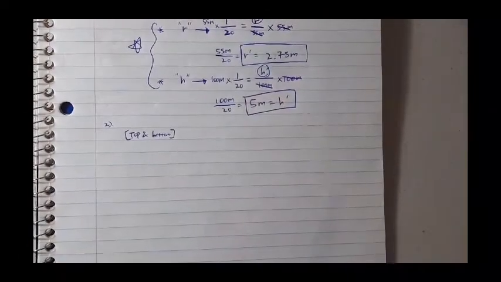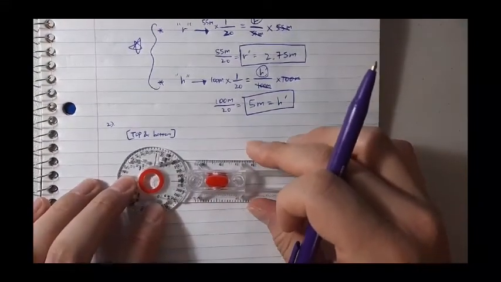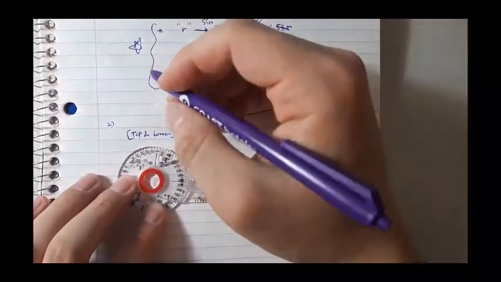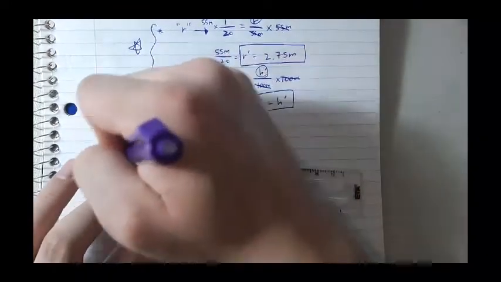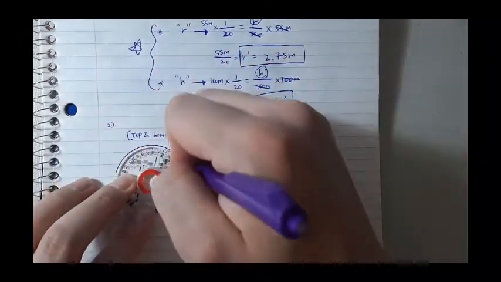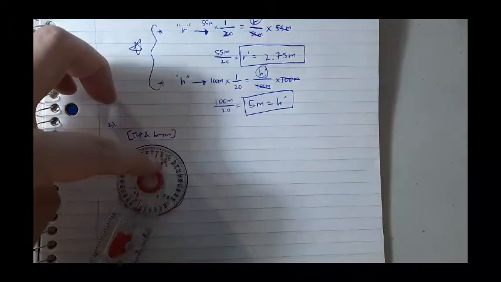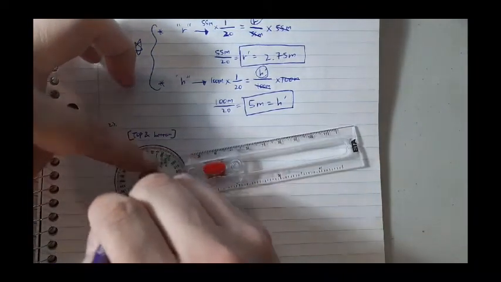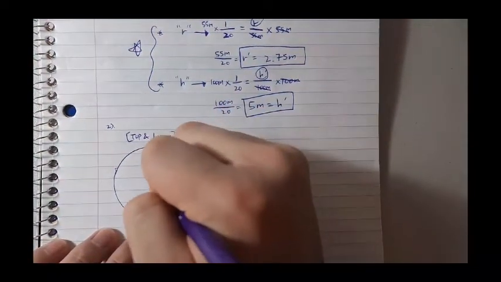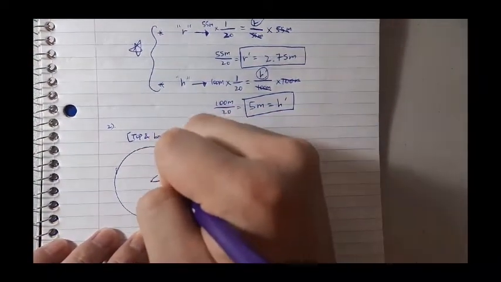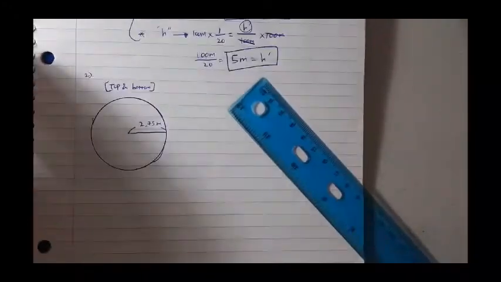I don't have a good circle, but I'm going to use my 2.75 as the radius. Honestly, I don't have a good compass either. 2.75 meter for this.